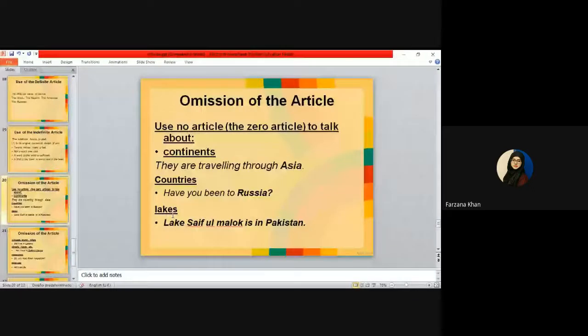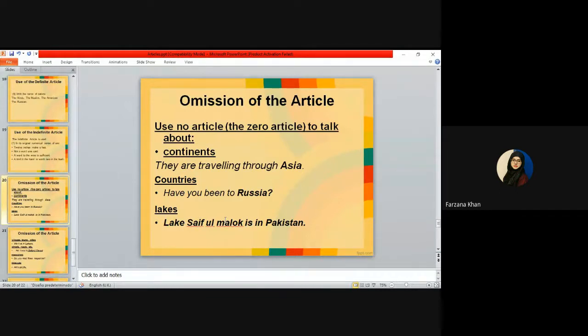Well, what about the name of the lakes? Definitely zero article. Previously, you were taught to add the definite article with the names of canals and rivers. But when it comes to the names of lakes, you will always avoid the use of articles. It cannot be the Lake Saiful Maluk. It cannot be a Lake Saiful Maluk.